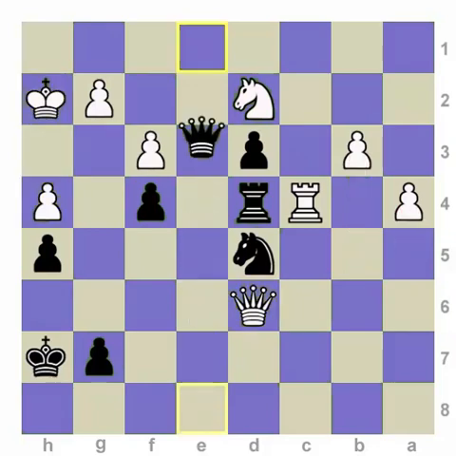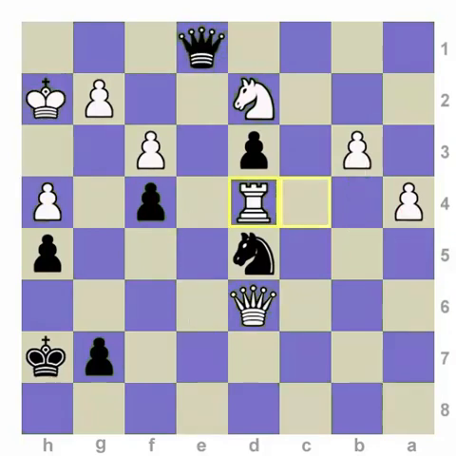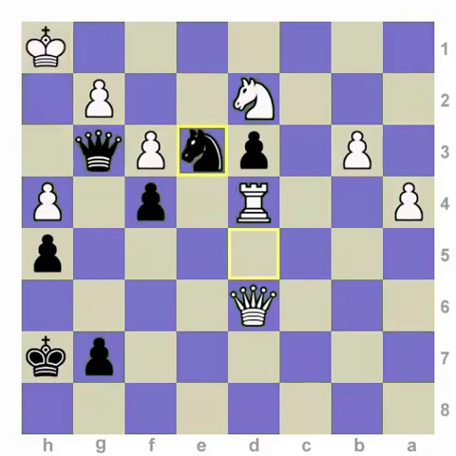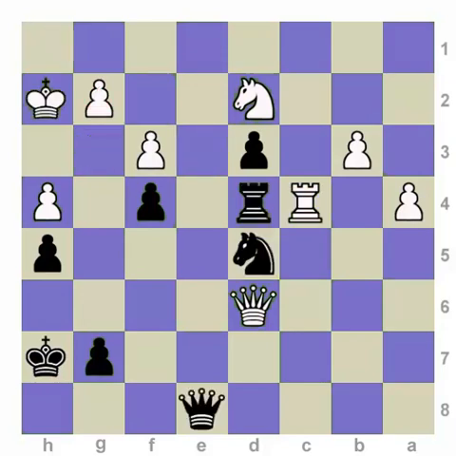What black missed, they only saw the picture of having this perpetual, but they completely missed a simple check. And no matter how white plays, the king goes, this is made unstoppable. Simply made unstoppable. That in this case shows you the wrong candidate move, the wrong way of thinking.